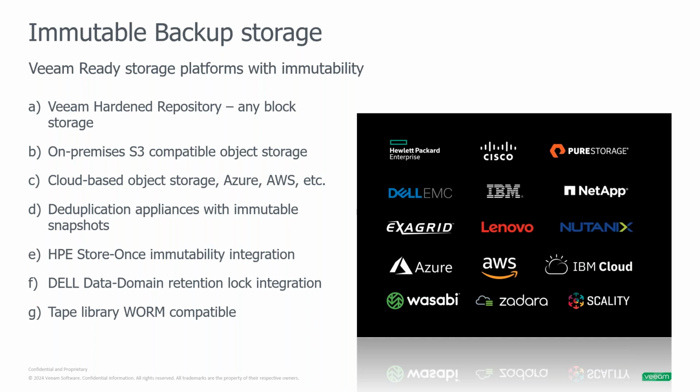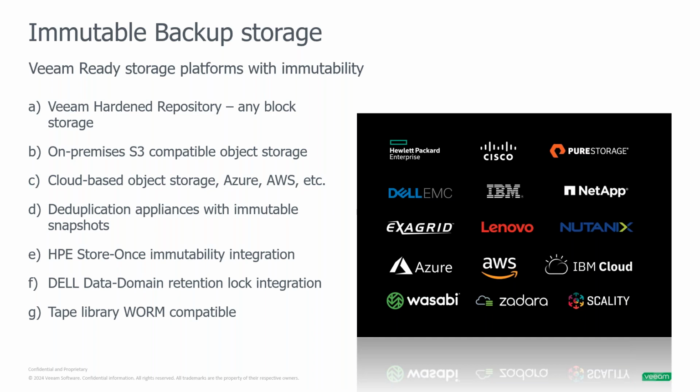Or you work with an on-premises or cloud-based object storage which has immutability set on, or work with specific vendors that have deduplication appliances with immutable snapshots as well, right? Two of the well-known deduplication appliances, for example, are HPE StoreOnce and Data Domain, which also have an immutability flag set on, depending on the situation.